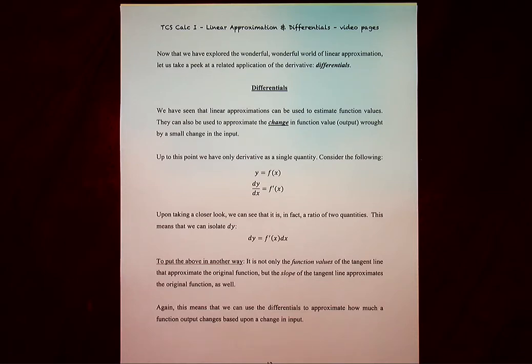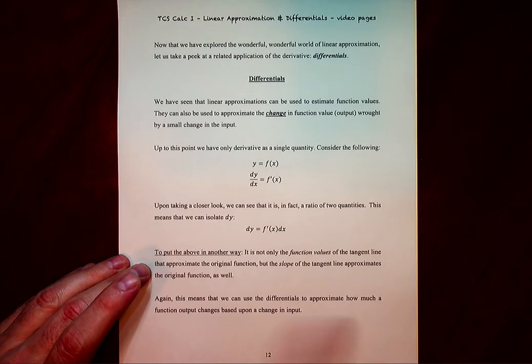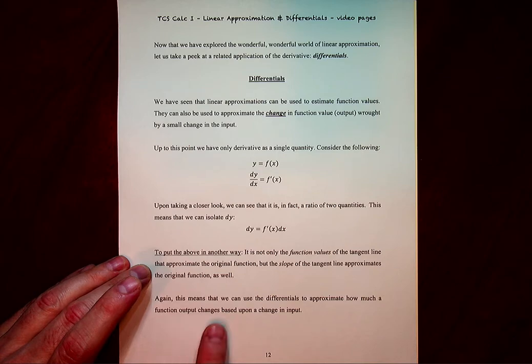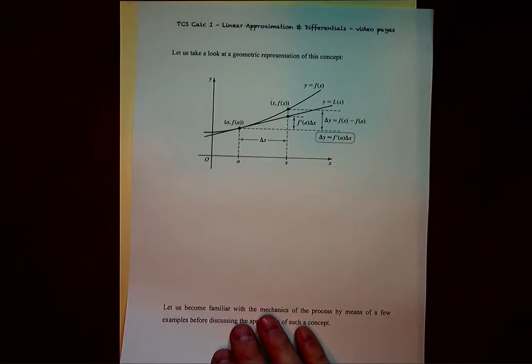So as dx changes, we can actually calculate approximately how much y has changed. And so this will make a little more sense here in just a minute, okay? So that means that we can use differentials to approximate how much a function output changes based upon a change in input. And here's what I mean.